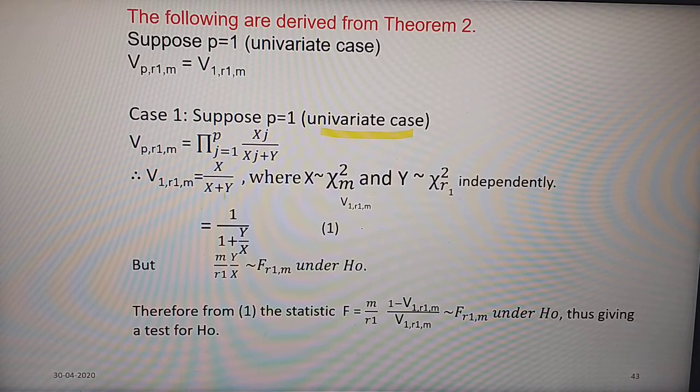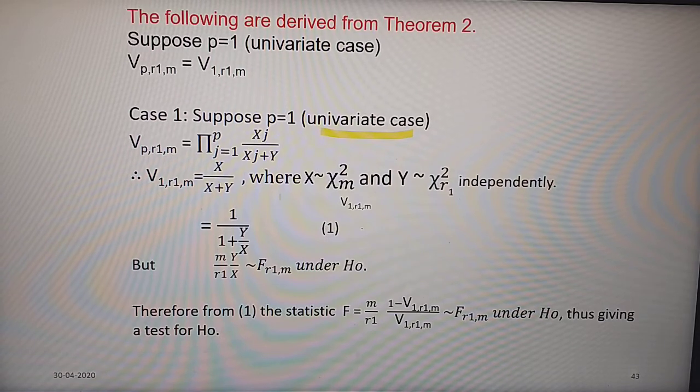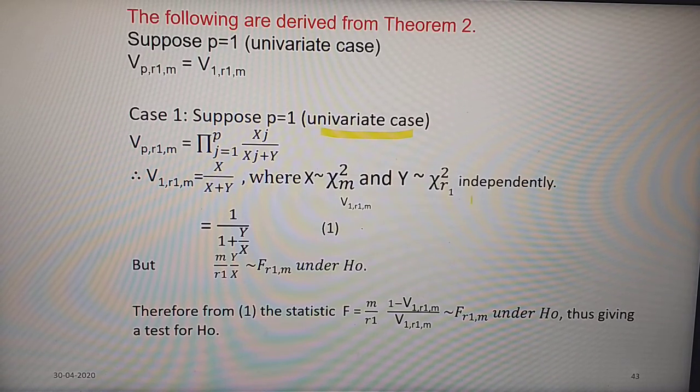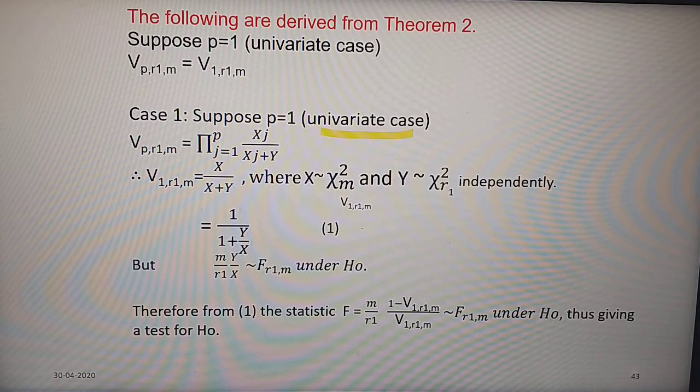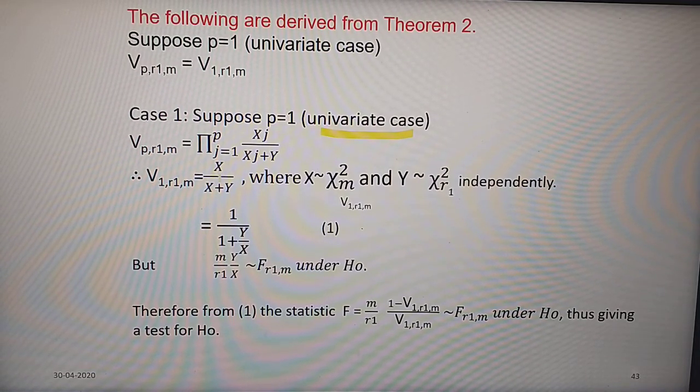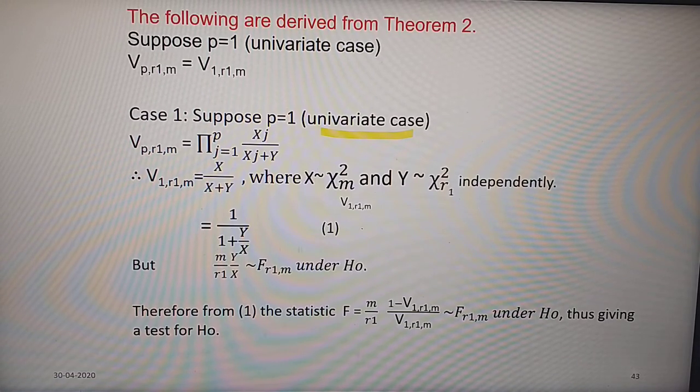So when p is equal to 1, this will be a single variable, x by x plus y, where x follows chi-square m and y follows chi-square r1 degrees of freedom independently. So this we put as 1 by 1 plus y by x. This is simplification, both numerator and denominator divided by x.